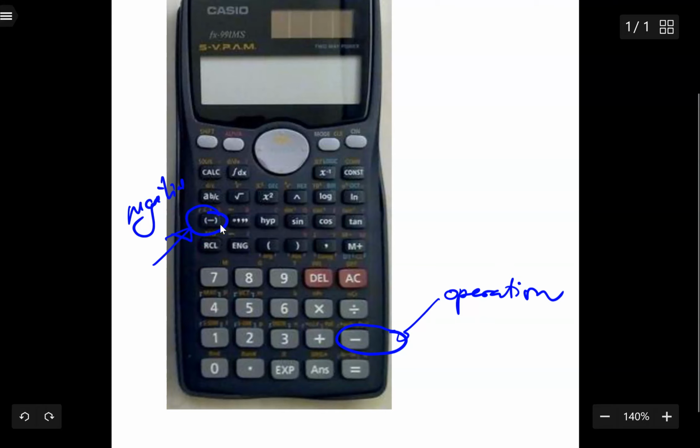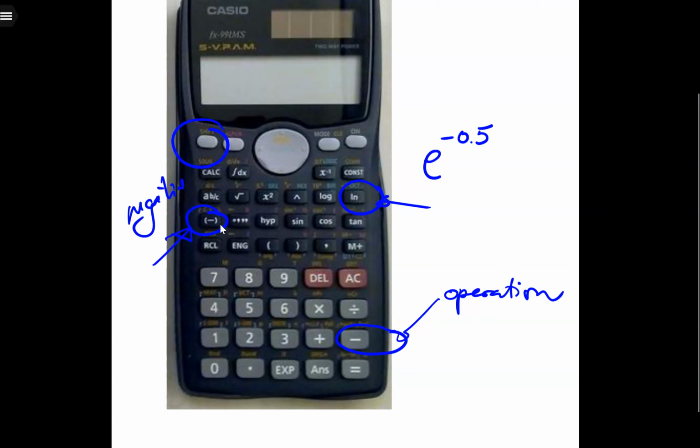All right? Okay. So let's key in e to the exponent negative 0.5. First of all, we are going to press the shift key, the shift key right here, and then we will press this key. Make sure you have that S on your calculator first, and then you press the natural logarithm key.